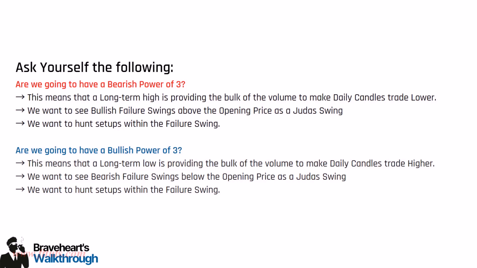This means that a long-term high is providing the bulk of the volume to make daily candles trade lower, because power 3 is daily candles. We want to see bullish failure swings above the opening price act as a Judas swing. We want to hunt setups within that failure swing.